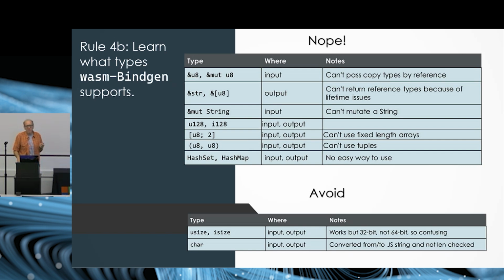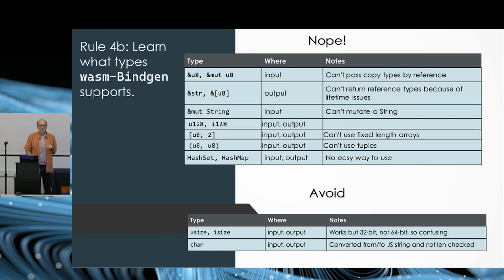Both JavaScript and Rust have maps and sets, very handy data structures, but there's no conversion done for you. So there's no easy way to use those across the calling boundary. 2, 3, I guess, types that you can use, but you should not use are usize and isize.